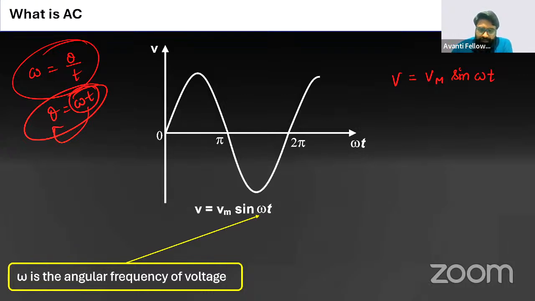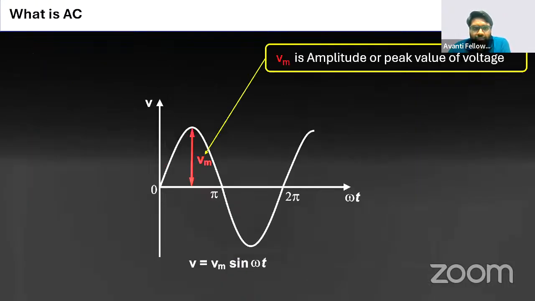Okay, clear? Now this particular value, see, this is the maximum value. Apart from that, each and every value is lesser than this, which means this is the maximum value of any particular alternating quantity, and here we have taken voltage.